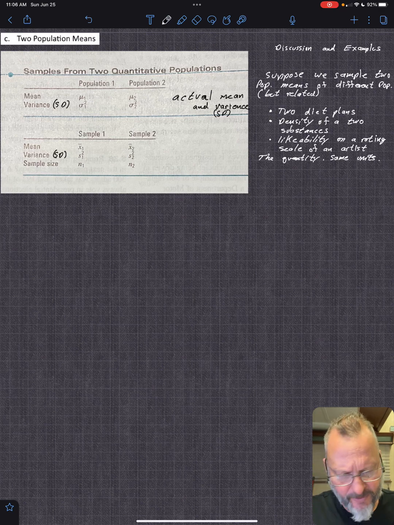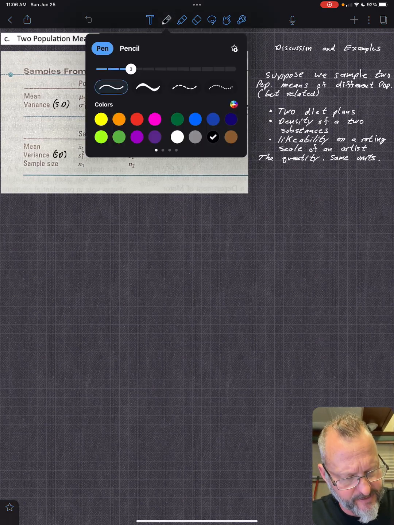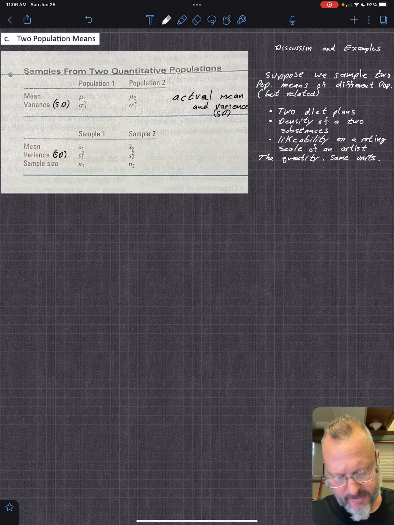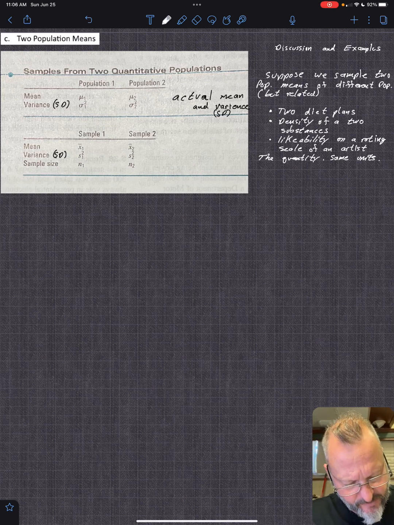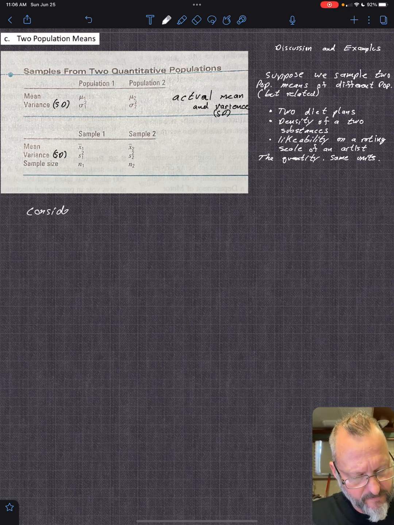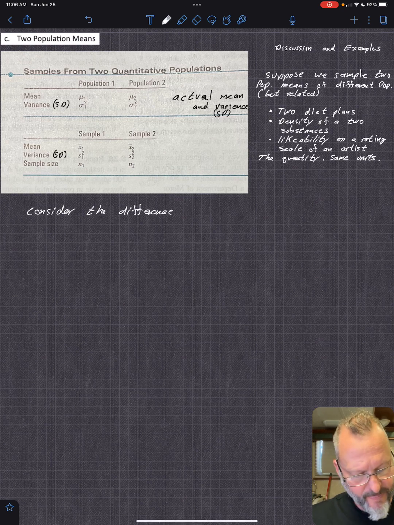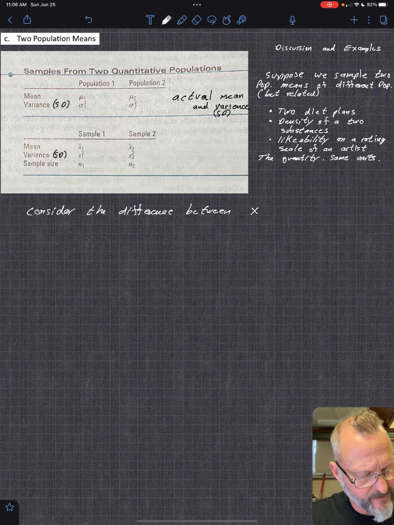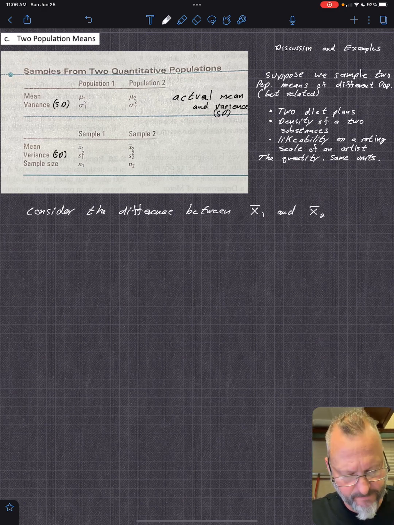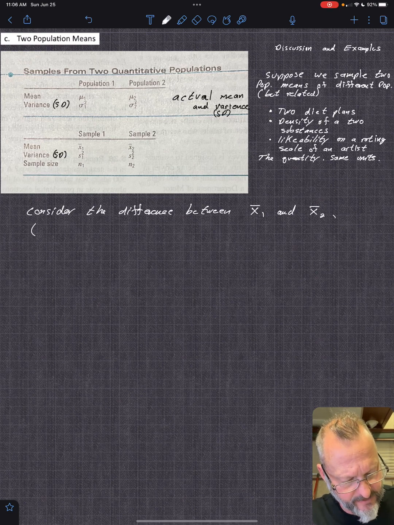Okay, so now how we will look at this is we will consider the difference between your first sample mean and your second sample mean. And so that difference is x1 minus x2.